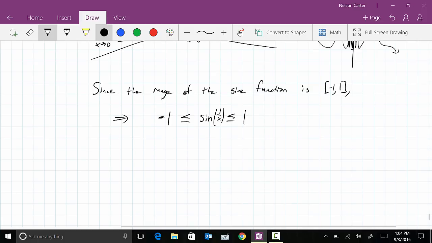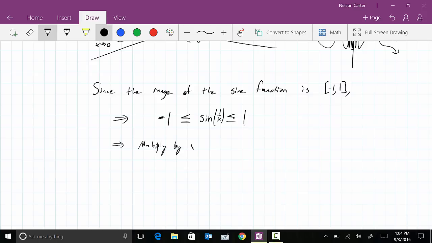Okay. But now, I'm going to multiply by x squared. And that's going to give me negative x squared, which is less than or equal to x squared times the sine of 1 over x, and that's less than or equal to x squared.